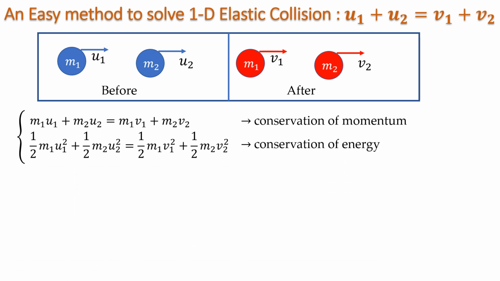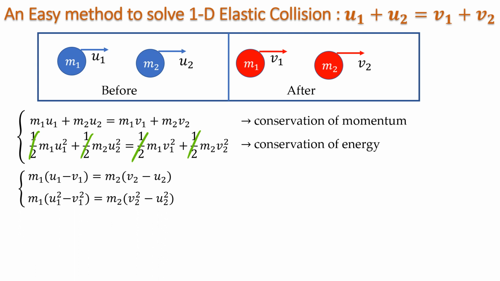of energy as shown. Here we will choose u1 and u2 as initial velocities for the objects of mass m1 and m2 respectively. After the collision, velocities are v1 and v2. Let us do some mathematical simplification. We bring the terms of m1 on the left hand side and m2 on the other side.